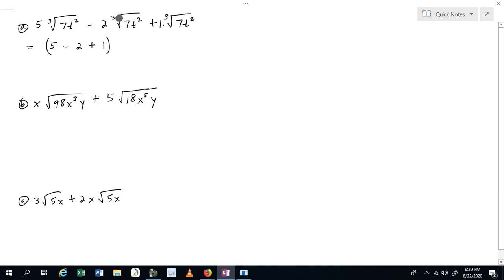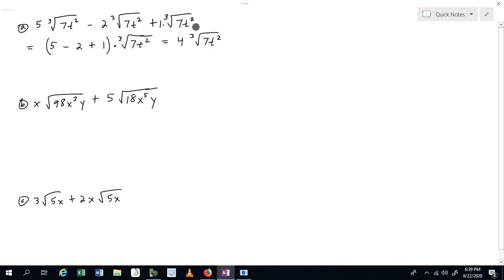Then you factor that cube root of 7t squared out. You're left with a 5, a -2, and a 1, and then you can just add these up: 5 minus 2 is 3, plus 1 is 4. And so that's how you combine those radicals. That's how you add and subtract them.